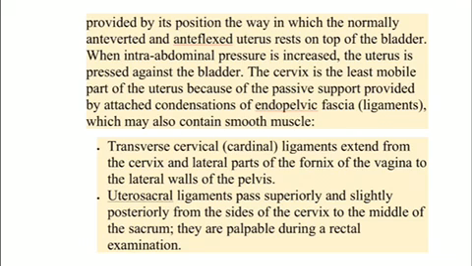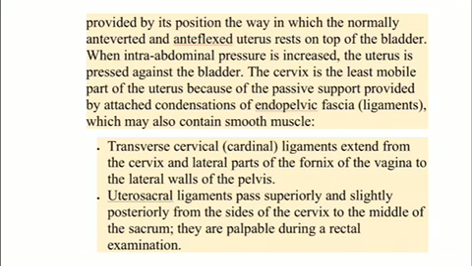These ligaments are the transverse cervical or cardinal ligaments and the uterosacral ligaments. So both of them give some form of passive support to the uterus that keeps it in its position in the pelvic cavity. The transverse cervical or cardinal ligaments extend from the cervix and lateral parts of the fornix of the vagina to the lateral walls of the pelvis.